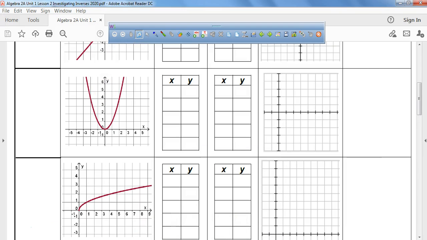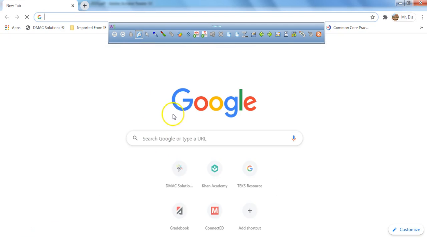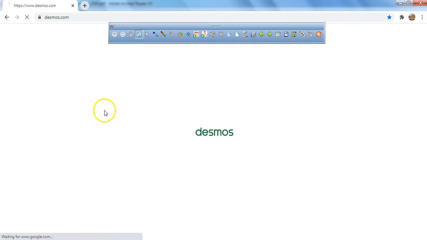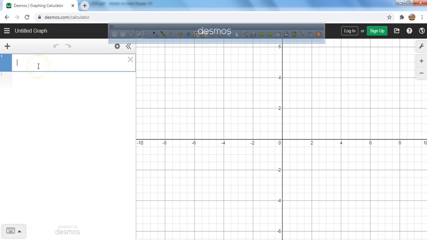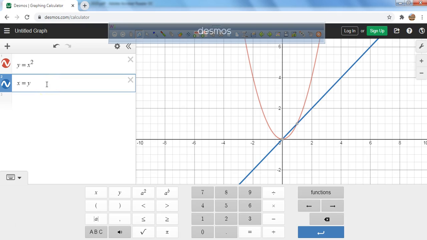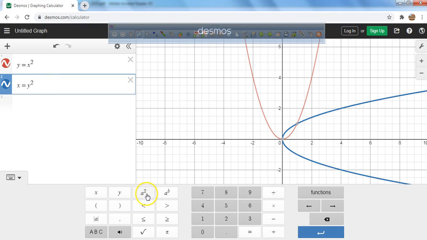If I go to Desmos and type in y equals x squared, you can see it. The inverse would be x equals y squared. Interesting. So this is basically what we're going to be graphing.